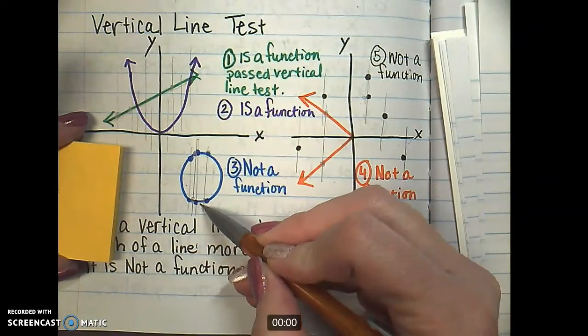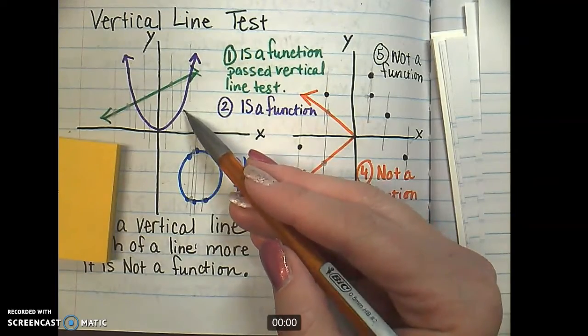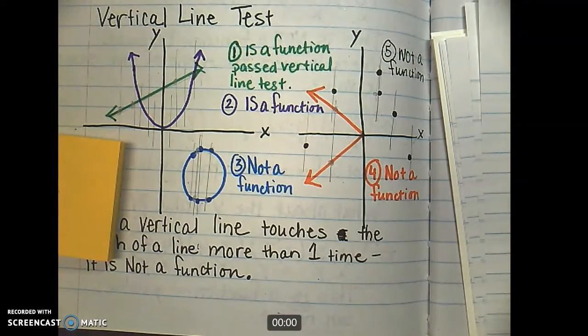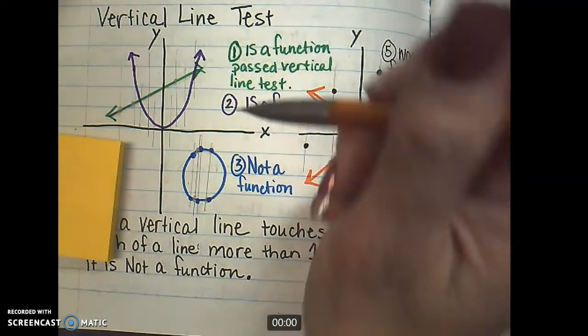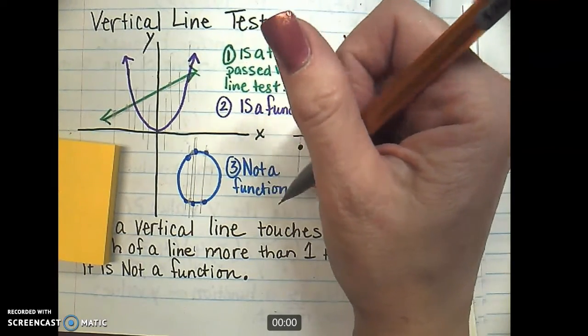See how it touched the circle more than one time with one vertical line? Yeah, but the one up there is touching. I don't get when it's not supposed to be touching. What does the circle have anything to do with this? I don't get it.